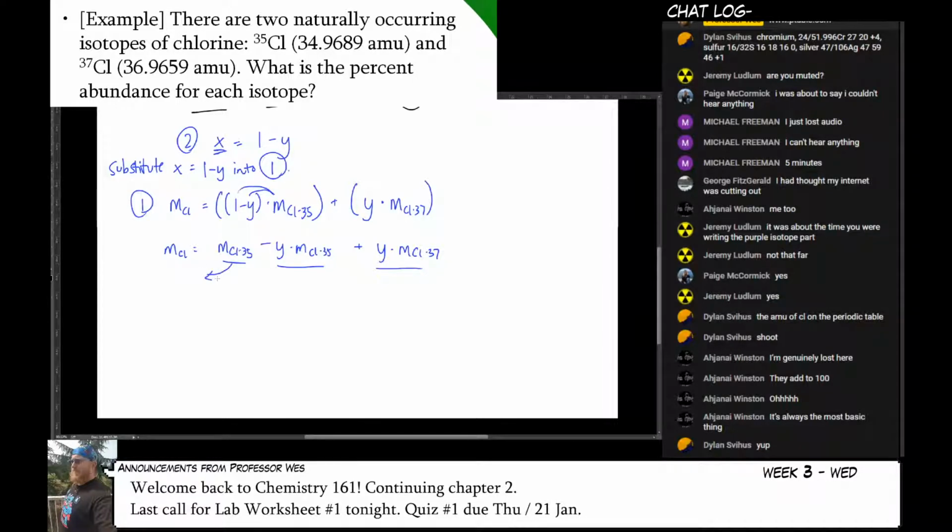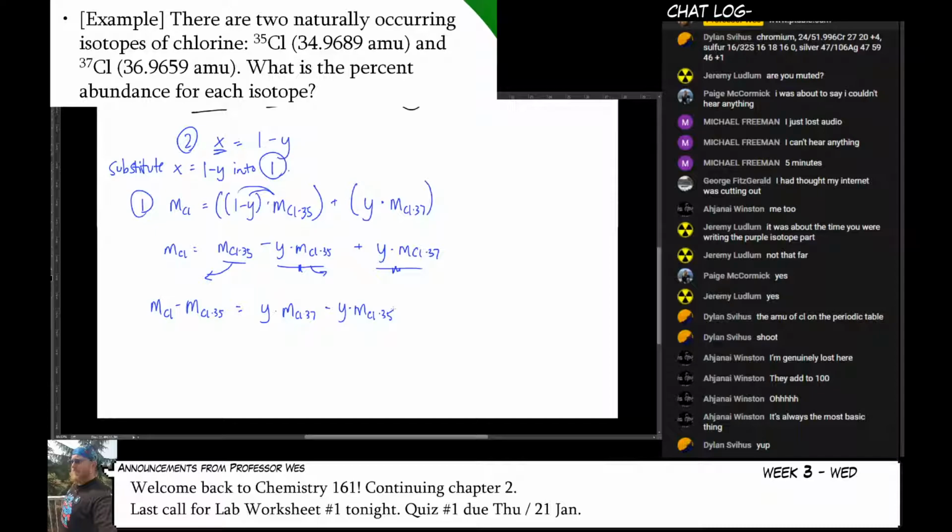I'm going to move this thing over to the other side. And then I have just these two here. I'm going to move the negative one over to the right, just to make it more convenient. So I'm going to go y times M Cl37 minus y times M Cl35.